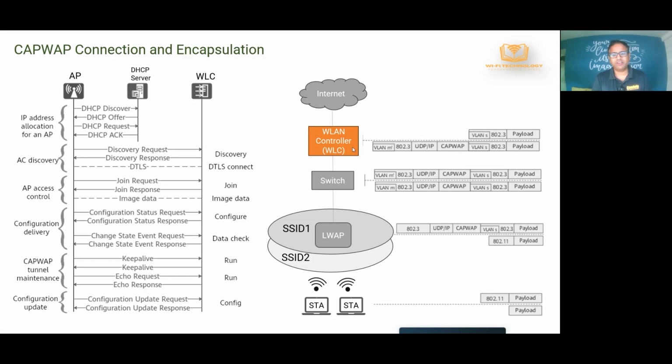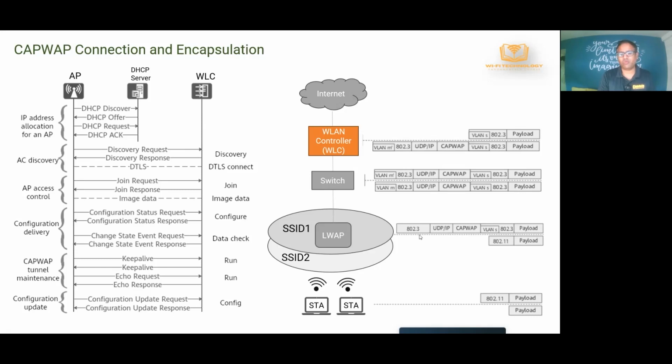So it adds the CAPWAP header, and then also of course a control plane UDP and IP header as well, because now it's encapsulated inside a tunnel. So now that information is sent to the switch, which is then in turn sent to the access point, and this is where the tunnel will close between the controller and the access point.